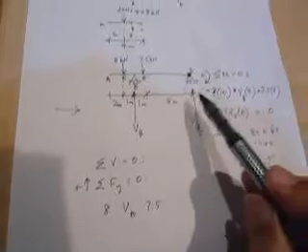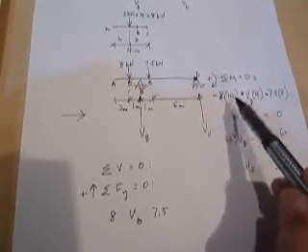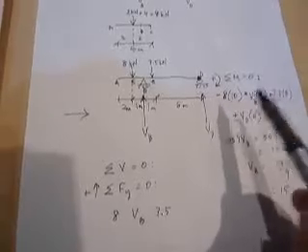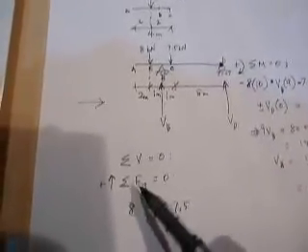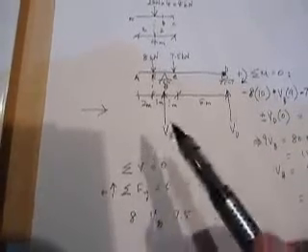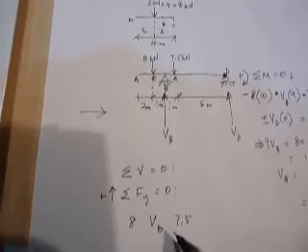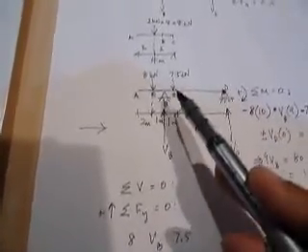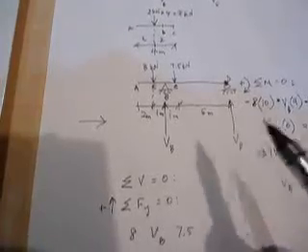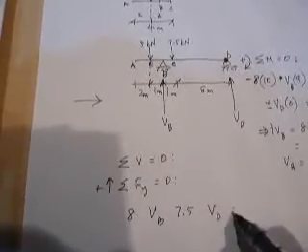Like for a sum of moments, we multiply the force by the distance. That is because it is moment force. But in sum of vertical forces, we do not need to multiply the force by the distance, just the force itself. After 7.5 kilonewton here, the next force is VD, so we just write VD there. And the whole thing here is equal to 0.